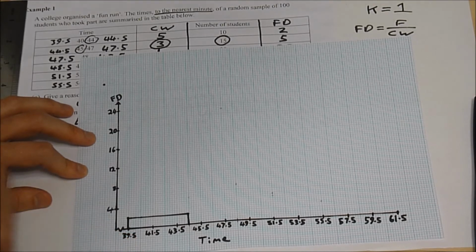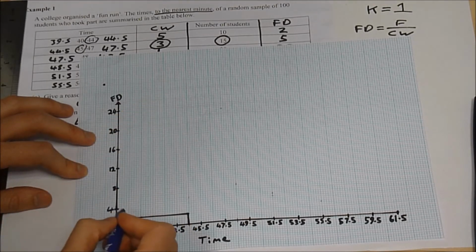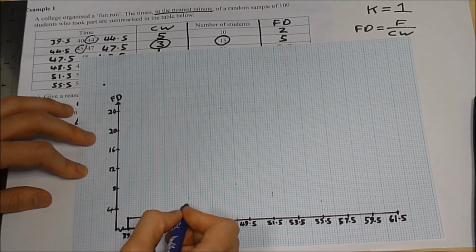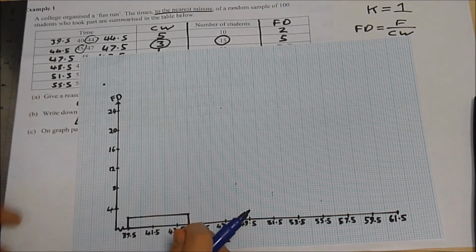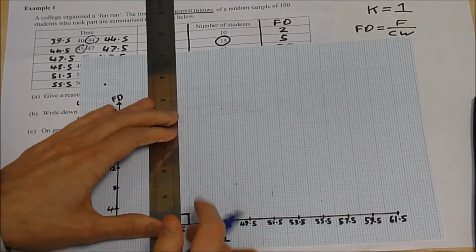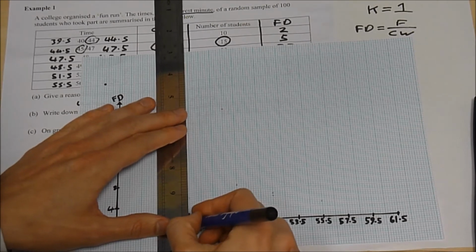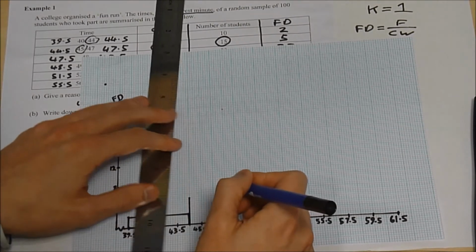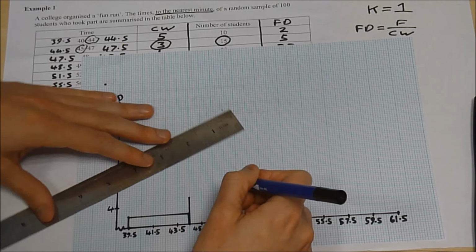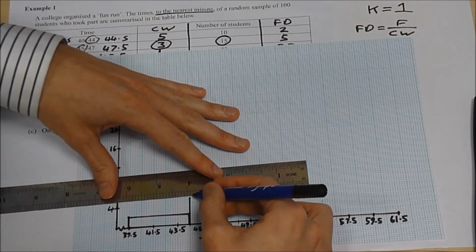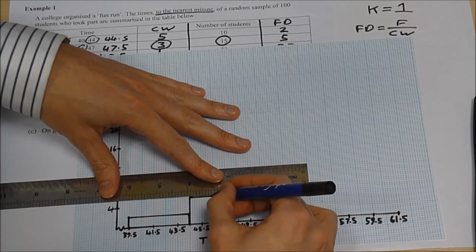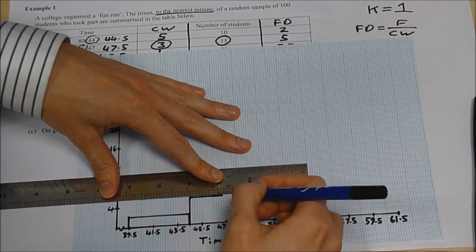So to work out a frequency density of 5, I'm going to go up to 4 and then up halfway between 4 and 6, so 2.5 teeny tiny boxes. So let's do that right now. Go up to there and then across to 47.5. Just here.